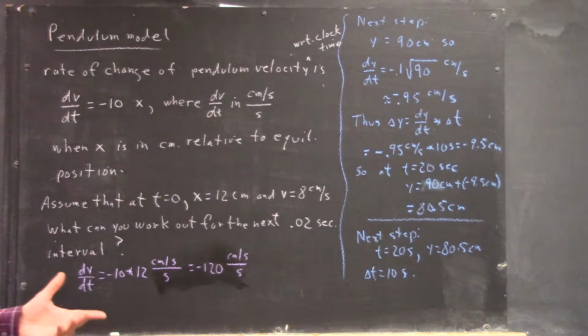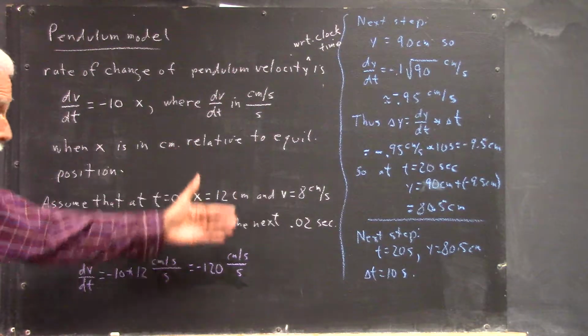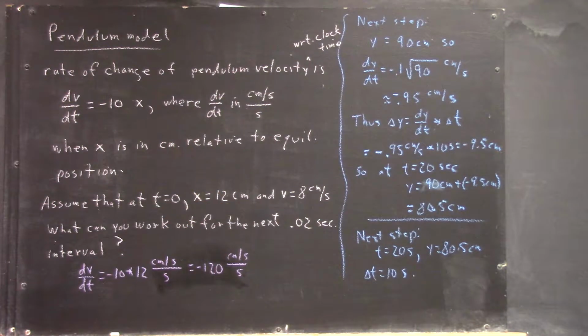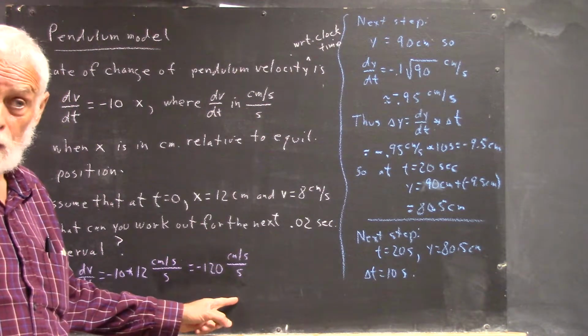And that's where we get this. Okay? Now what is this? What's this tell us? What does centimeters per second per second tell us? It tells us how much change we have in velocity per unit of time, right?